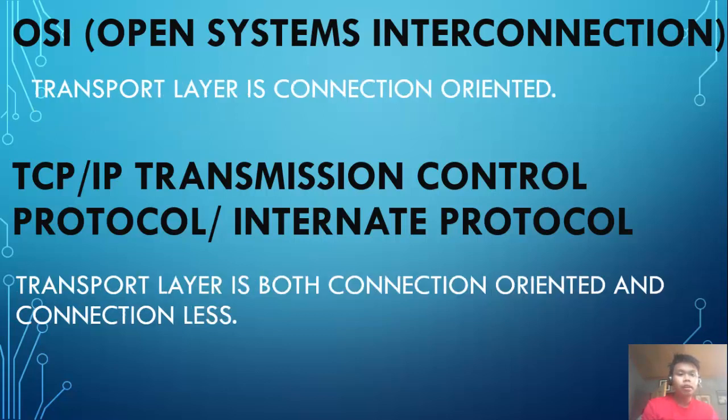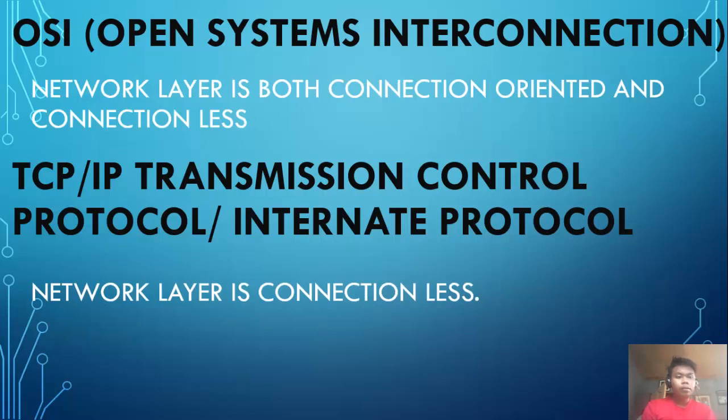The next is that in OSI the transport layer is connection oriented, while in TCP/IP the transport layer is both connection oriented and connectionless. The next is the network layer in OSI is both connection oriented and connectionless, but in TCP/IP the network layer is connectionless.